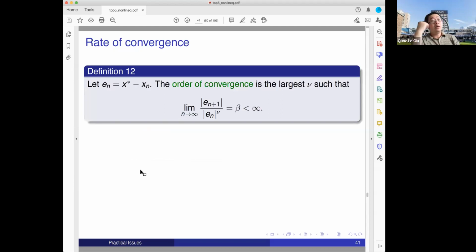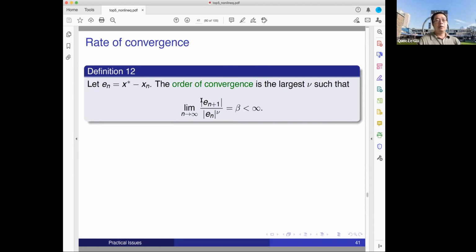So now we talk a little bit about the order of convergence. The order of convergence is the largest number nu. Nu could be an integer, but it could also be a non-integer.